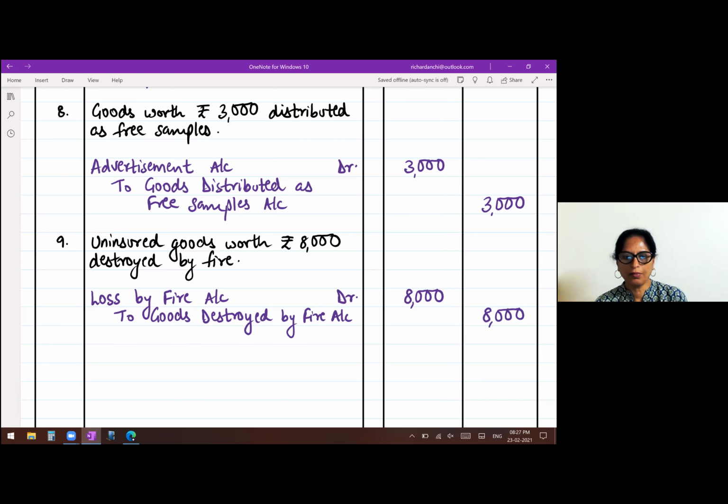The full amount is destroyed by the fire, so everything is a loss for the company. So the full amount has to be written or debited as loss.